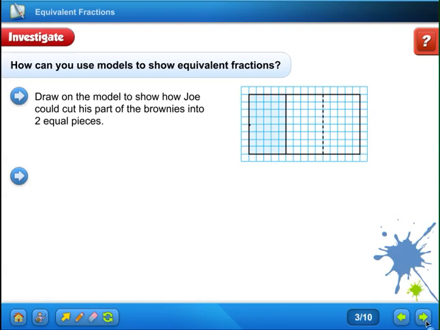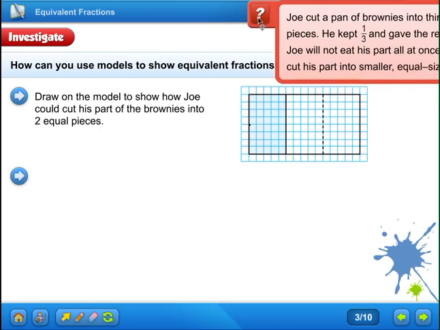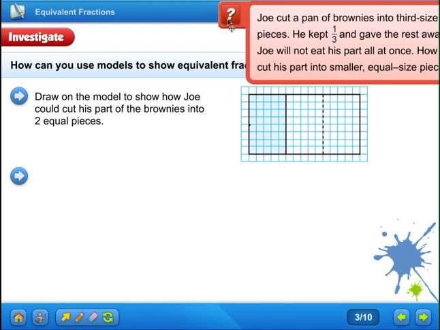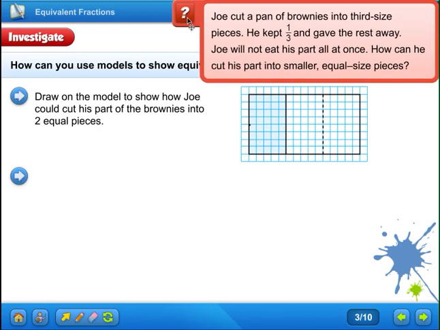All right, so again, how can you use models to show equivalent fractions? And they've already set our model up right here. So let's see what our question asks. Joe cut a pan of brownies into third size pieces. He kept 1/3 and gave the rest away.